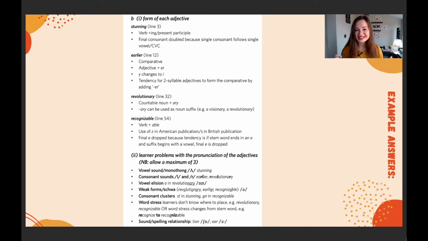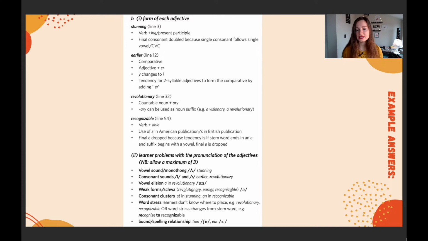And finally, we can see some problems with the pronunciation of the adjectives. So let's have a look at what can be written here. Vowel sound monophthong a, stunning. Consonant sound l and r, earlier, revolutionary, can be problematic for some students.